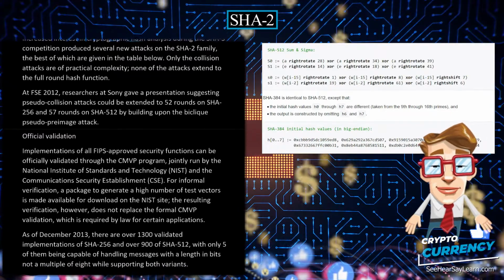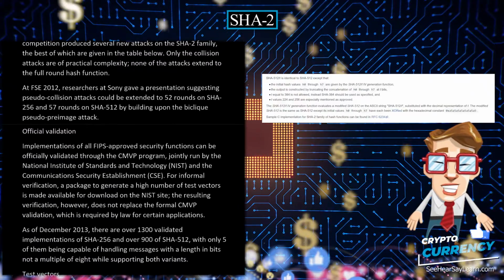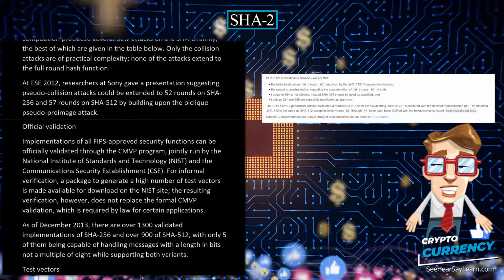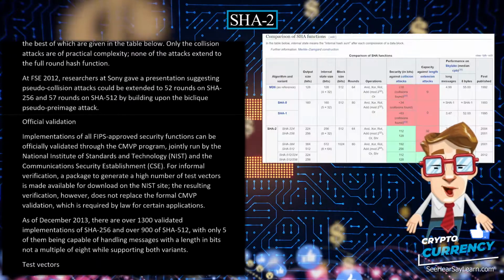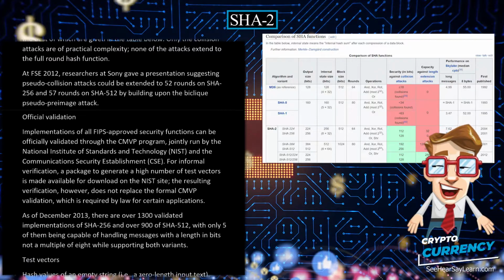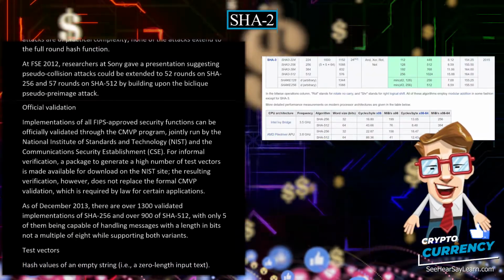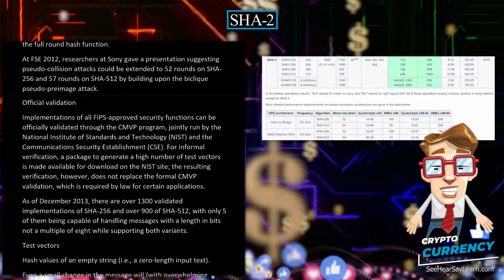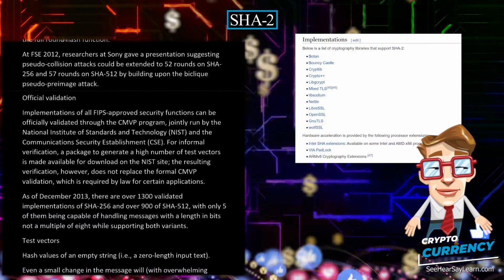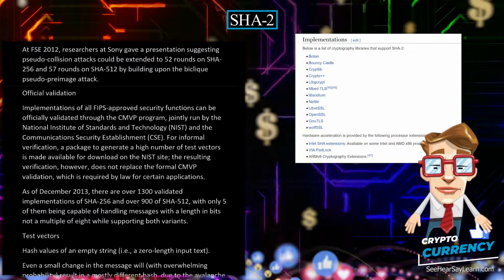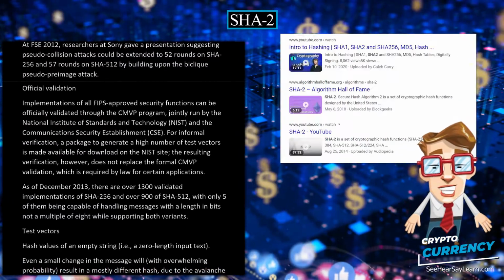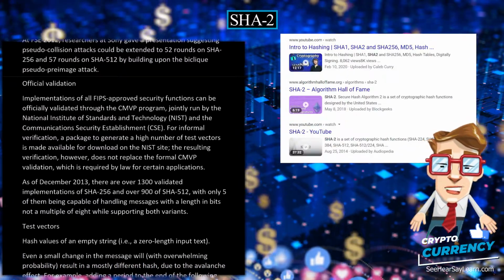Official validation. Implementations of all FIPS-approved security functions can be officially validated through the CMVP program, jointly run by the National Institute of Standards and Technology, NIST, and the Communications Security Establishment, CSE. For informal verification, a package to generate a high number of test vectors is made available for download on the NIST site.